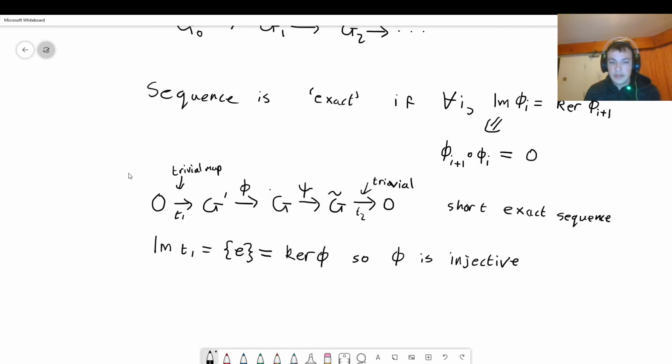Then we have that the image of phi is the kernel of psi, and then we must have that the image of psi is the kernel of T2, which is all of G twiddle, so psi must be a surjection.